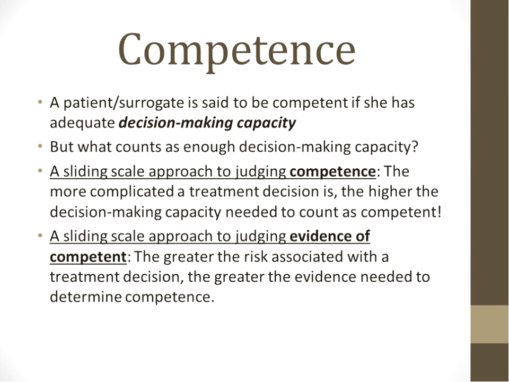The second question has to do with how much evidence we need that the patient is competent. And that is relative to the amount of risk. We judge that on a sliding scale depending on the level of risk associated. So always ask yourself, does the patient have enough decision-making capacity? If they do, they're competent. That's all there is to it.